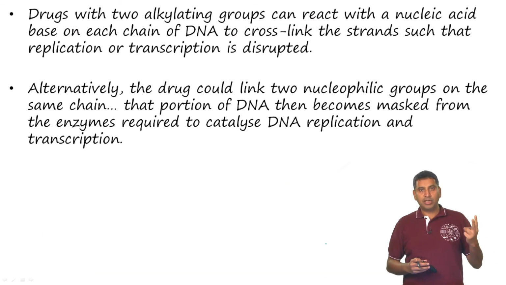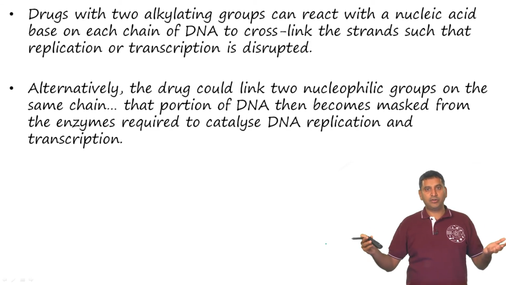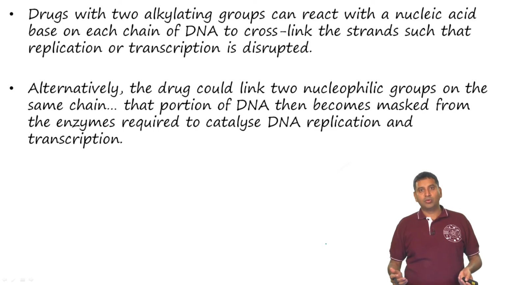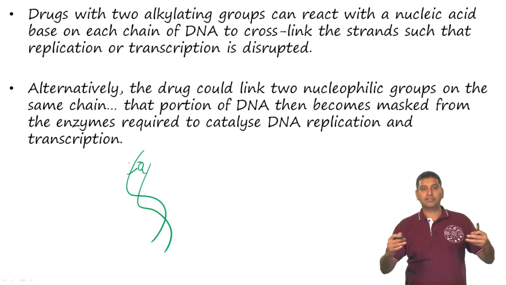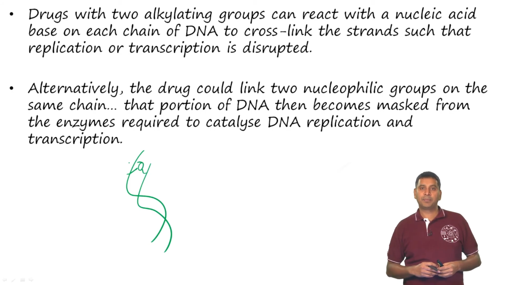So, drugs with 2 alkylating groups can react with a nucleic acid base on each chain of DNA, and what it might do is to get a cross link. So, if it reacts here and then if it reacts here, here is your electrophile, and then it makes a cross link.